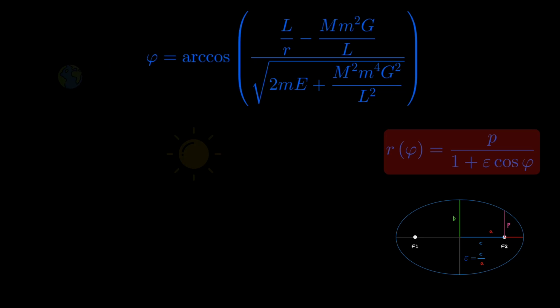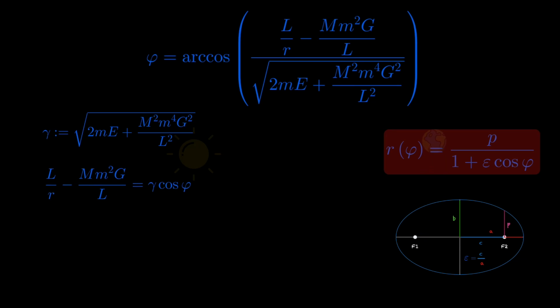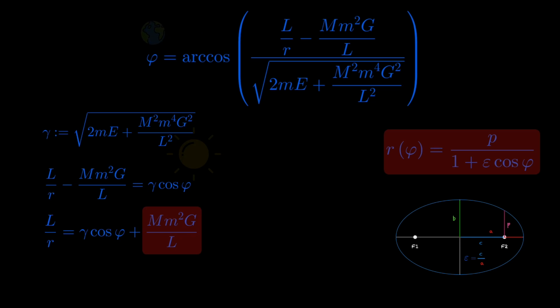So everything that does not contain an r or a phi gets absorbed into a single constant. We define the whole square root term in the denominator as gamma. Then we solve the equation for L over r. The second term on the right hand side now is constant, so we can absorb it into a parameter we shall call delta.